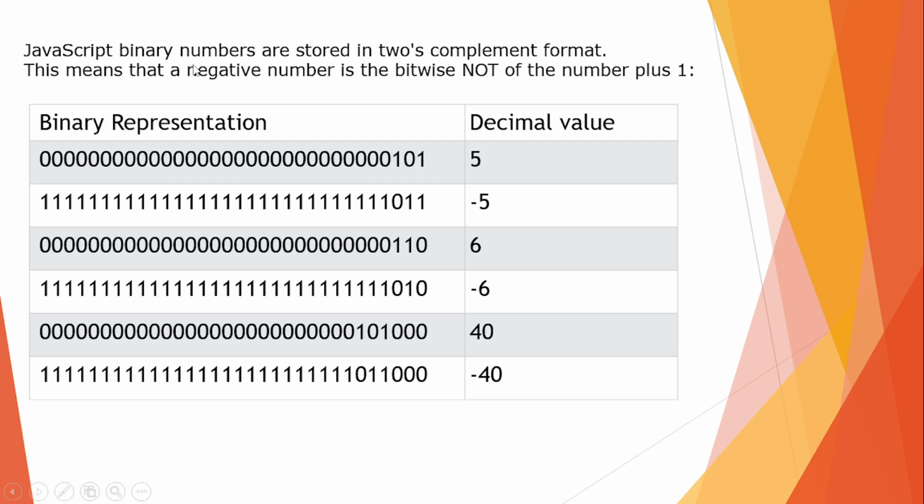Next, JavaScript binary numbers are stored in 2's complement format. This means that a negative number is the bitwise NOT of the number plus 1. We can see it here.